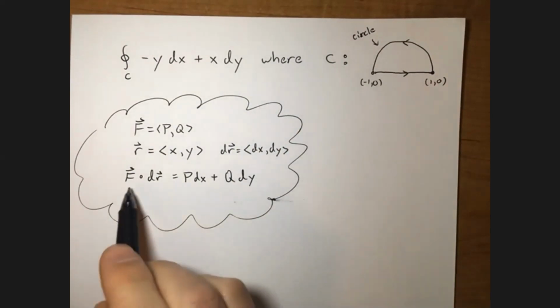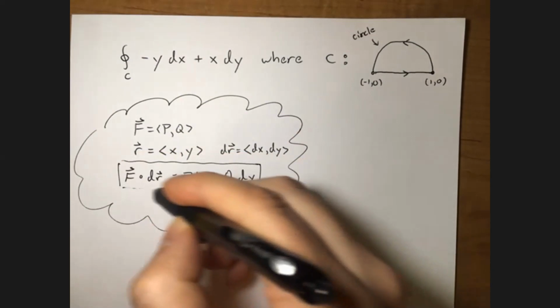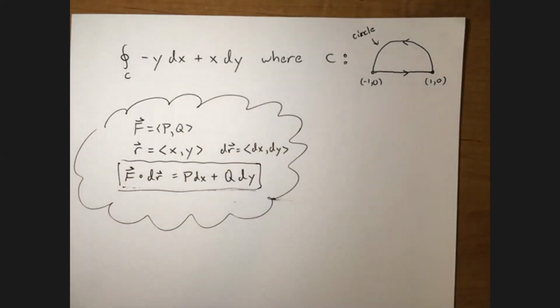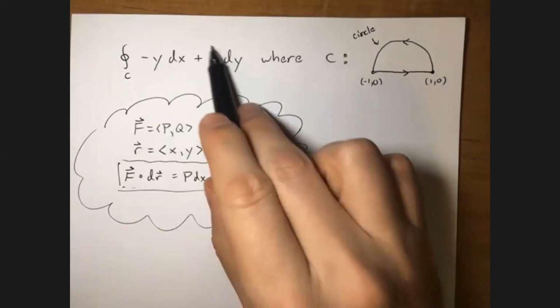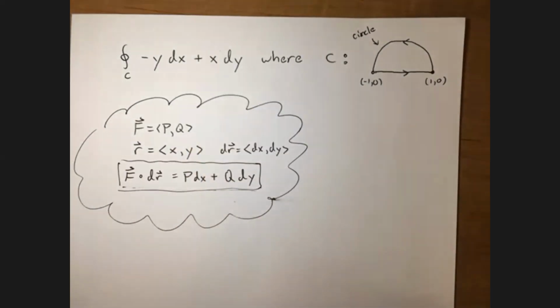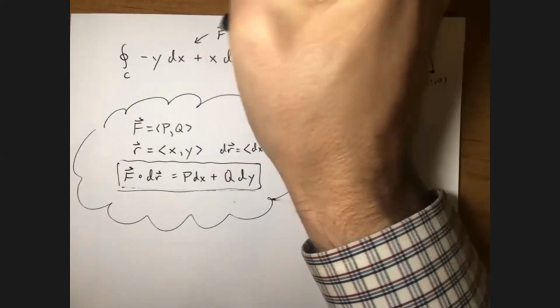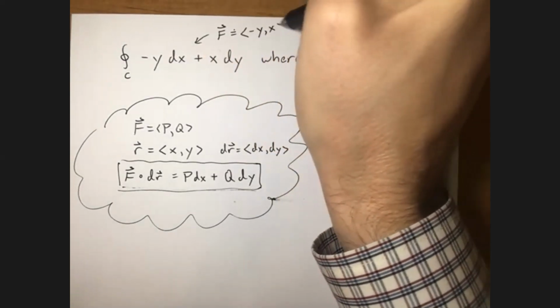Okay, so this is another way to write down the integrand of a line integral. And that's what we have up here. So I can see that this is my P and this is my Q. So in other words, my vector field here is just negative y, comma x.